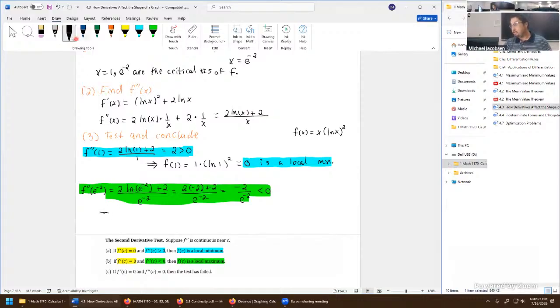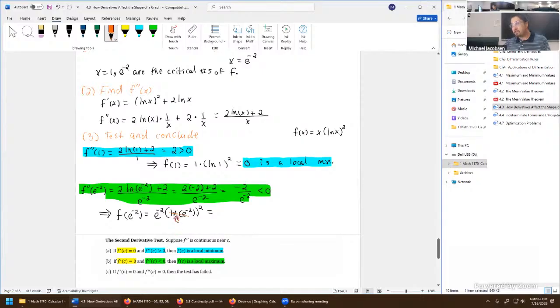So we'll say here, this implies f at, take the same critical number that you threw into the second derivative, e power negative 2. We need to find the value, so we go back to the function way over here. That's going to be e power negative 2 times natural log e power negative 2 squared. That's a local maximum, but let's continue to simplify it.